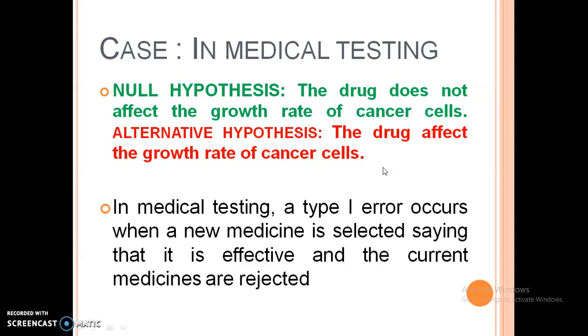So the major population, which was saying that the drug is not affecting the growth rate, is rejected, and I am imposing my hypothesis that the drug is effective. The researcher is imposing his hypothesis and rejecting the null hypothesis which was actually true. So I am making a blunder here and committing a type 1 error.